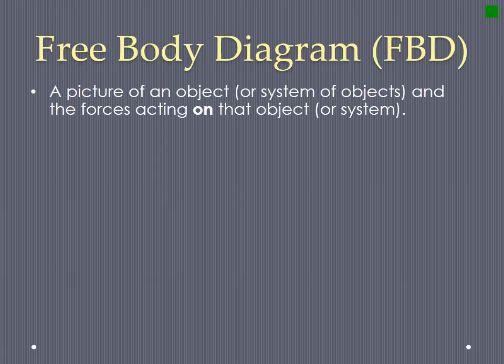So, how do we show these forces? We use the free-body diagram. Let me show you. A free-body diagram is a picture of an object, or a collection of objects, and the forces that act upon that object or the system of objects.